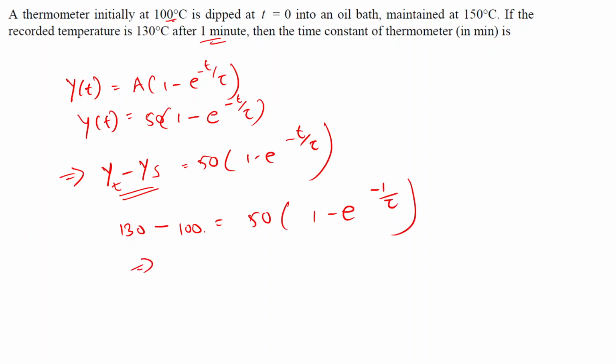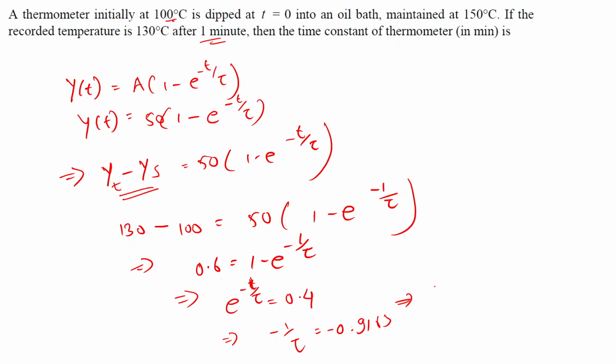So you can write this as 30 upon 50, so it will become 0.6 is equal to 1 minus e raised to minus 1 upon tau. So e raised to minus 1 upon tau will be 0.4, and then you can take the log of this term and you will get minus 1 upon tau is equal to minus 0.9163.